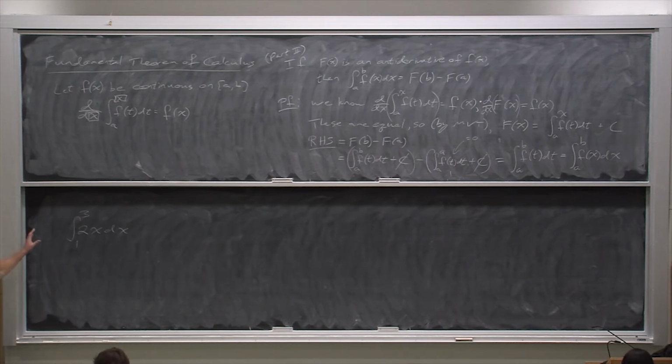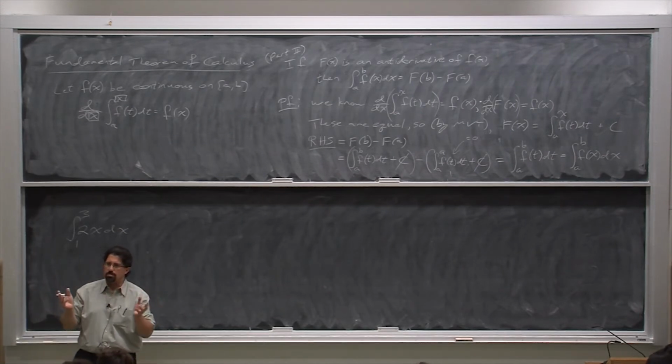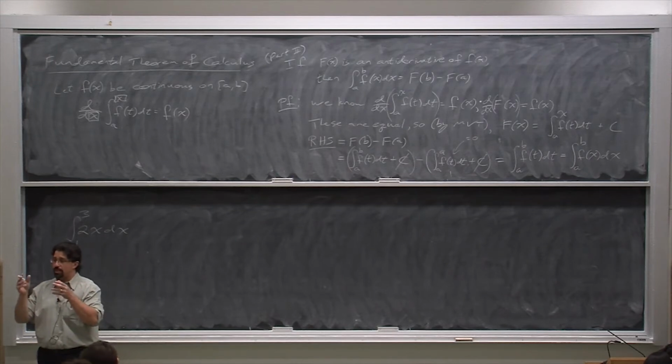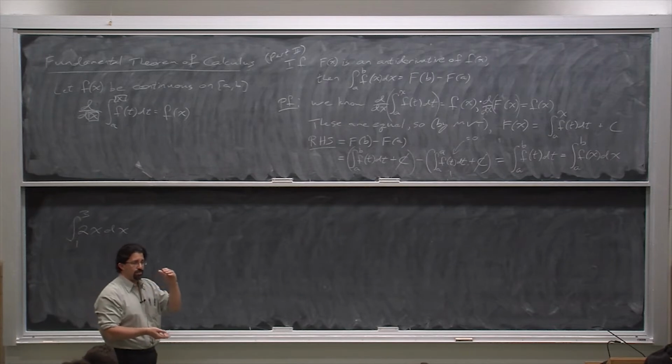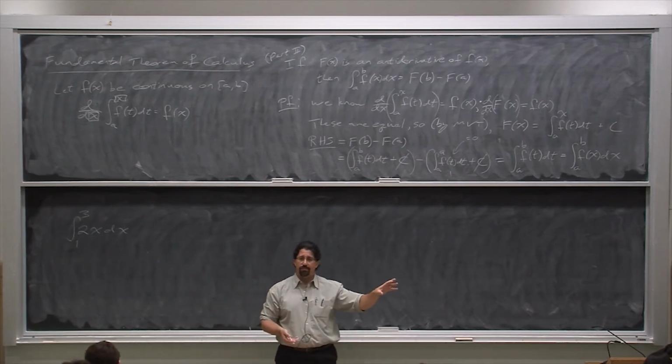Okay, this right here, this is area under the graph. We should do this by Riemann sums. We should figure out, okay, so we're going to take the interval from 1 to 3, and we're going to break it up into n little pieces, and we're going to figure out the height for the function at each of the xi's, and about an hour and a half later, we're done.